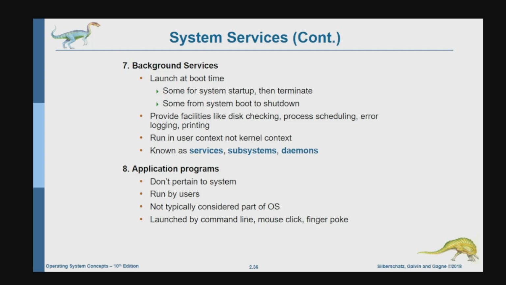In the first chapter, we learned about two parts: the user and the kernel. So background services run in the user context, and they are also known as services, subsystems, or daemons. If you use Windows, you can go to My Computer.